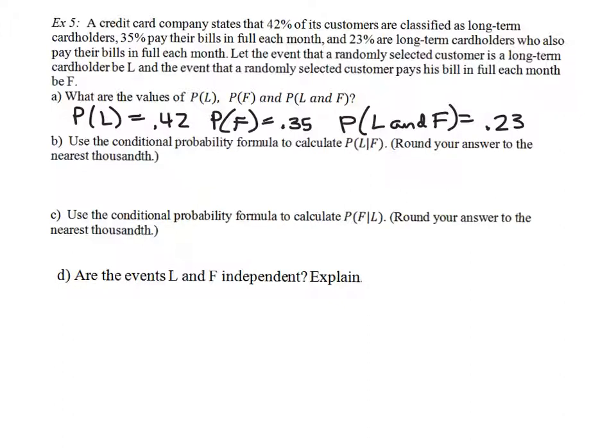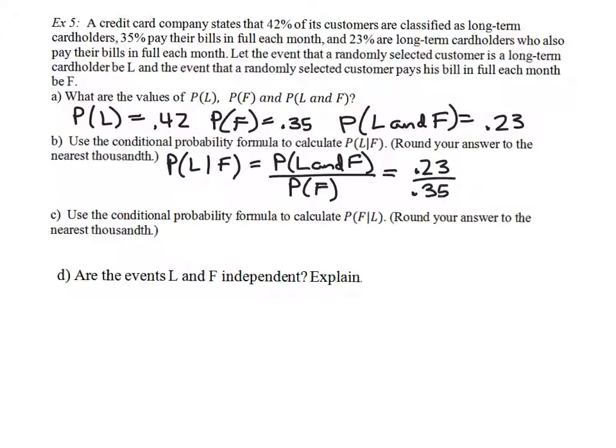Now it says use the conditional probability formula to calculate P of L given F. Remember from 2 lessons ago, the probability of L given F is equal to the probability of L and F divided by the probability of F. Substituting in these numbers, I've got 0.23 divided by 0.35, and when I do that division, that's giving me 0.657. Notice that it says round to the nearest thousandths.